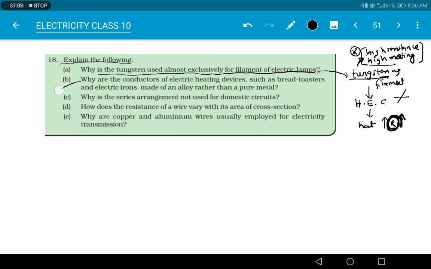And the second one: why are the conductors of electric heating devices such as bread toaster and electric iron made of an alloy rather than pure metal? So since alloys have more resistance than pure metals.